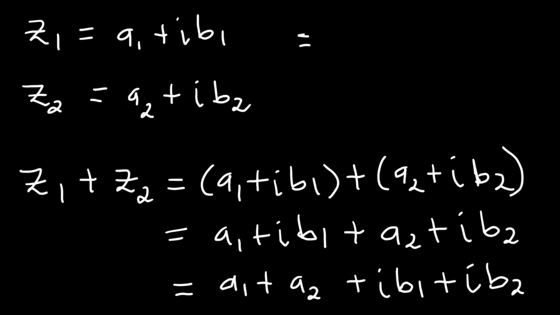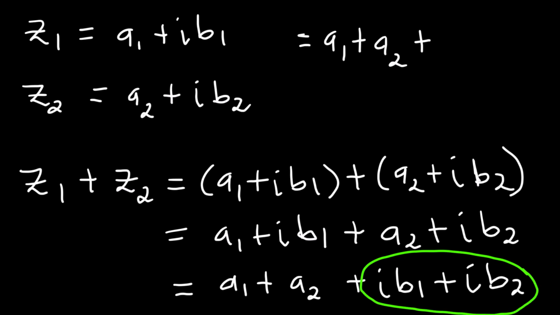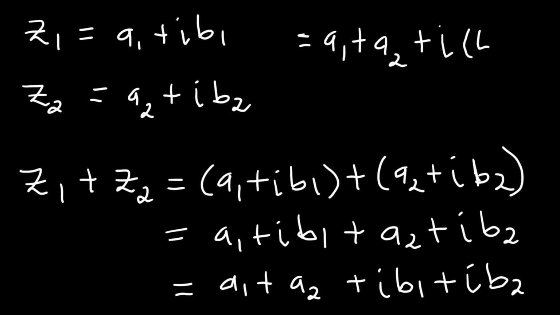This will give us a1 plus a2 and then plus. Now what we need to do is pull out i because it's a common factor. So we shall have i times b1 plus b2.